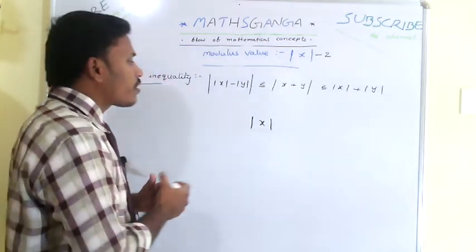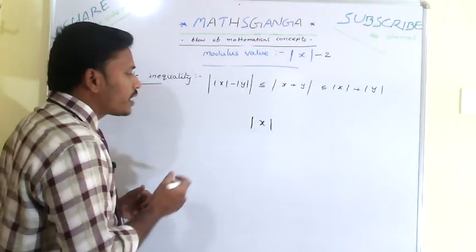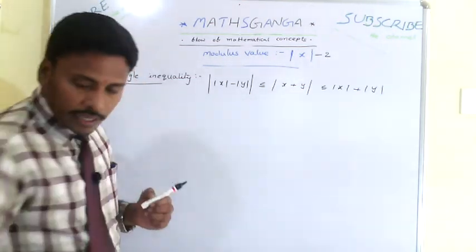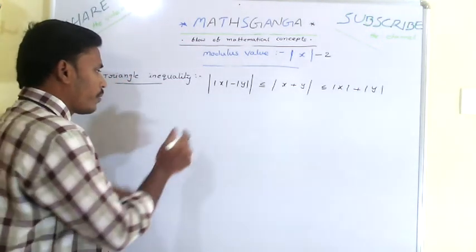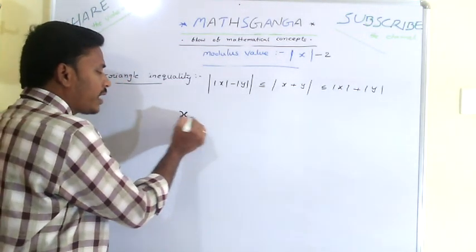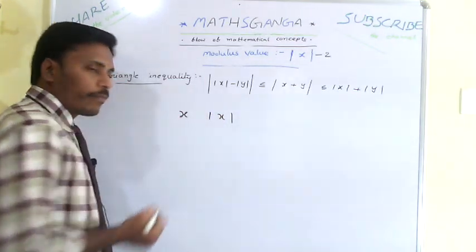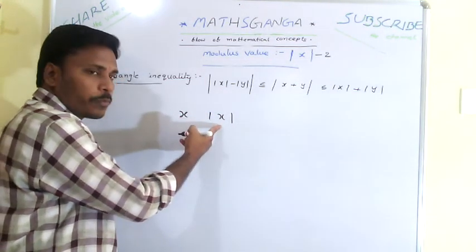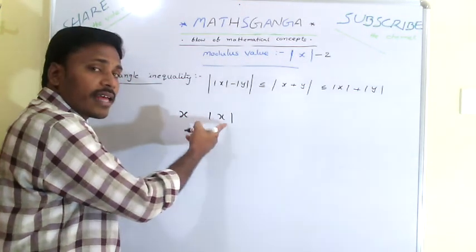Suppose x is positive; then x and modulus of x are both the same. Whereas if x is negative, mod x is positive, so x is less than mod x.